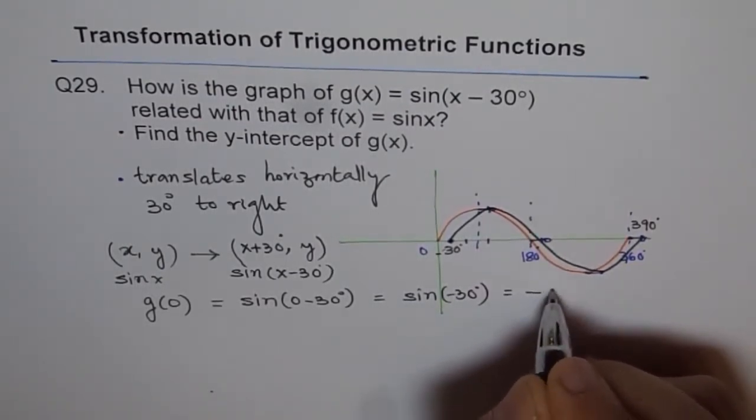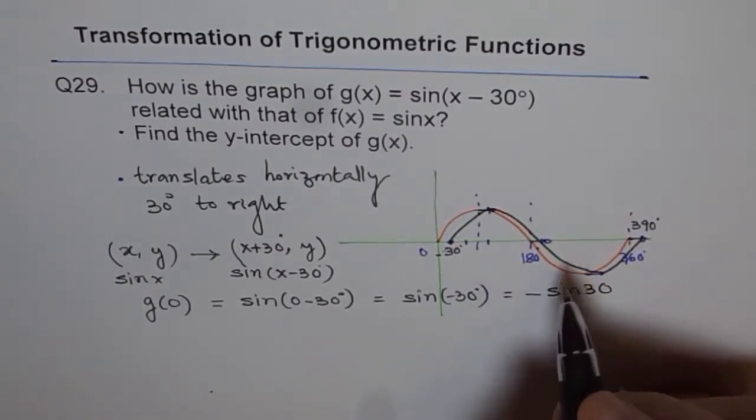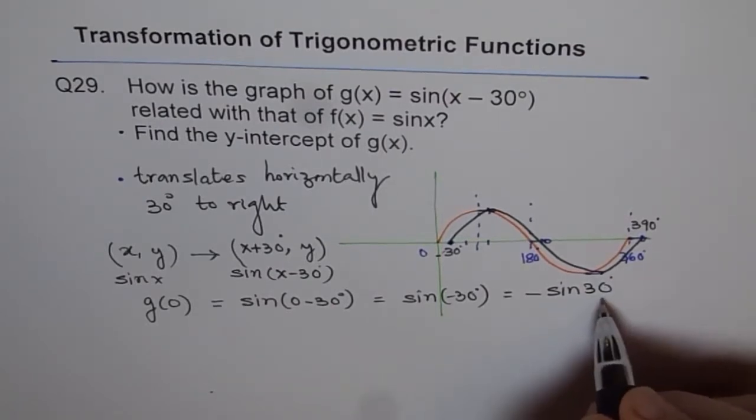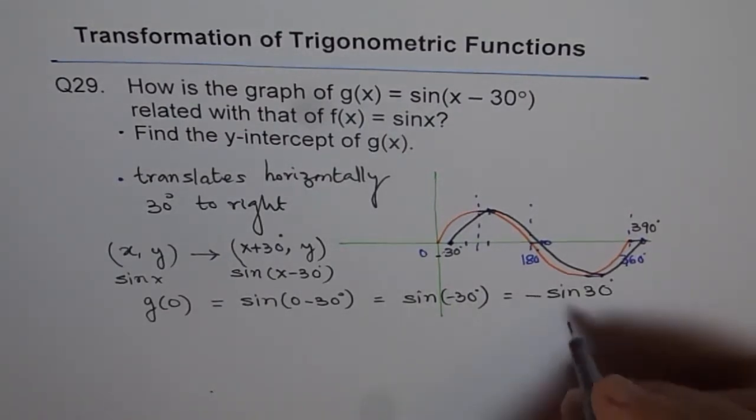Sine is an odd function, right? So sine of minus theta is minus sine of theta. So it is minus sine of 30 degrees. And you know how to find sine 30 degrees, with your special triangles. Let's make one.